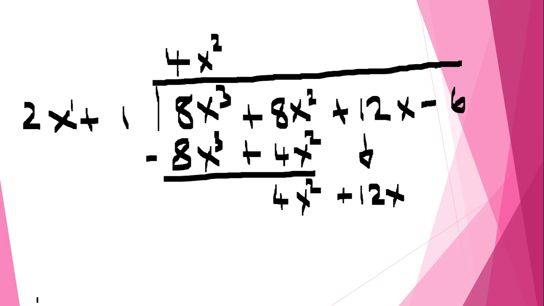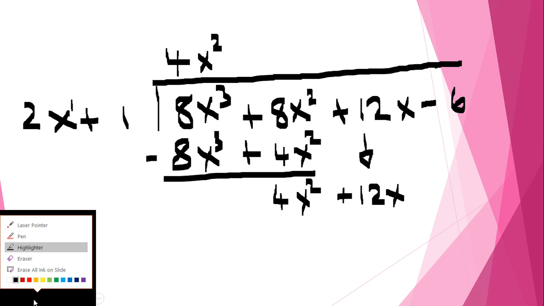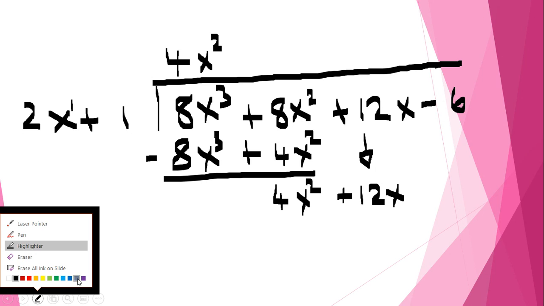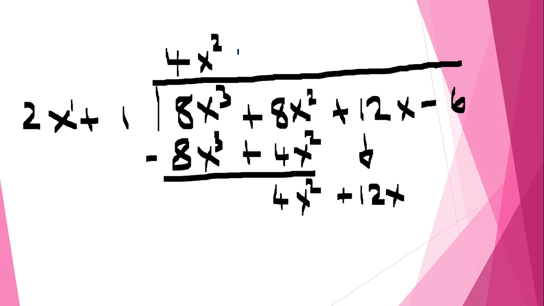And think of another number that when I apply it, I'm going to get 4x squared. How can I get 4x? Obviously, 2 would do. 2 times 2 will give me 4. I have to deal with x squared as well.